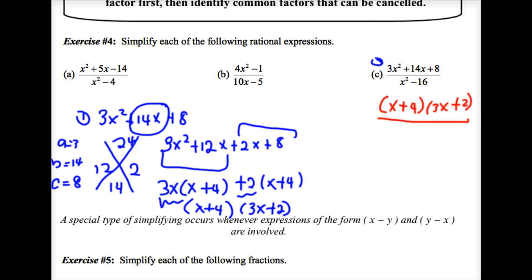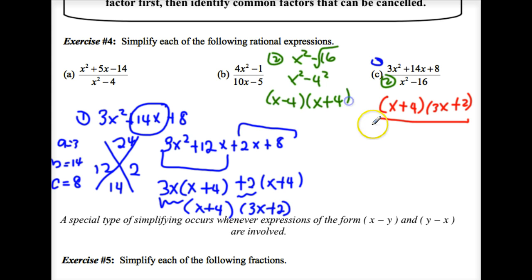Over, now the bottom, let's call this number 2 right here, is x squared minus 16, which we all know is a difference of squares. So take the square root of this. We get x squared minus 4 squared, and then we can write this as x minus 4 and x plus 4. So my denominator becomes x minus 4 and x plus 4.